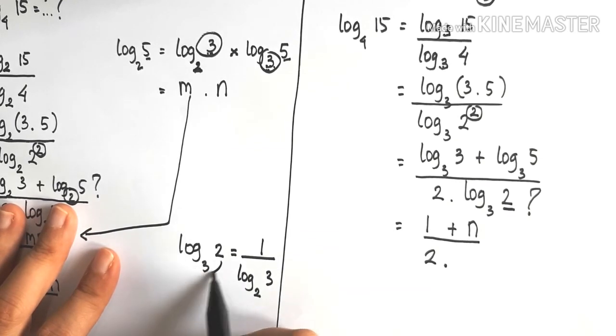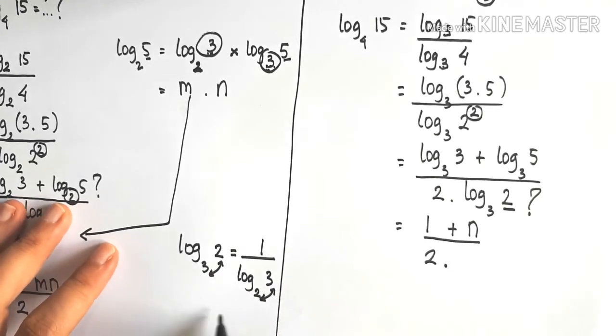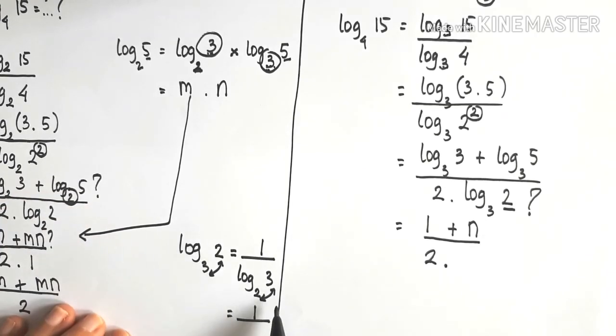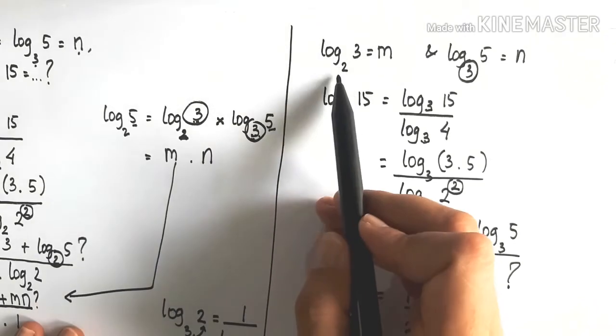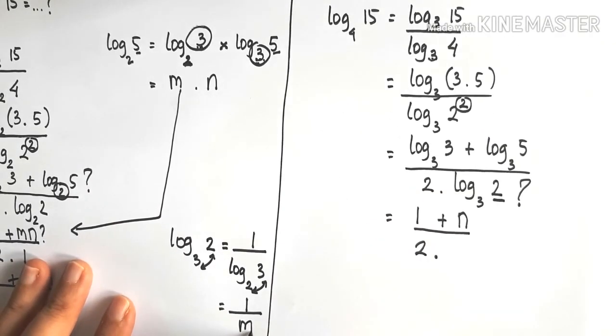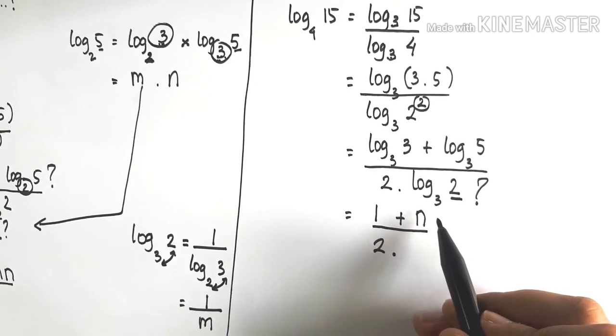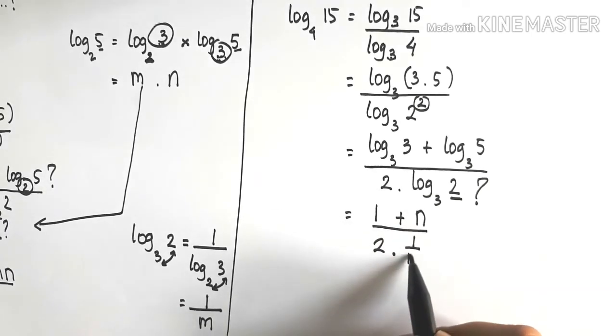We switch the base and the argument: 1 over log base 2 of 3. Back to the question, log base 2 of 3 is m, so it is 1 over m. Now we can substitute here: log base 3 of 2 is 1 over m.